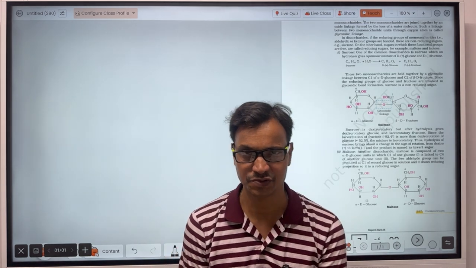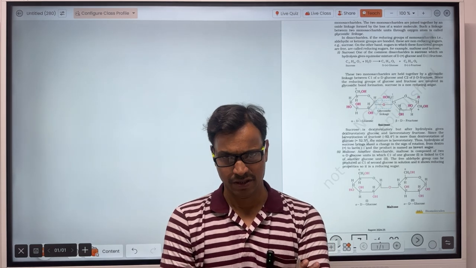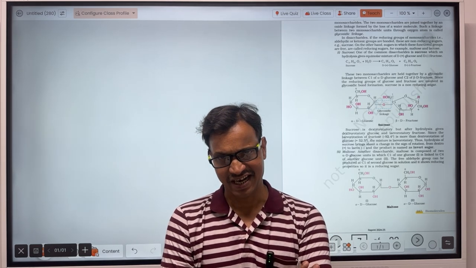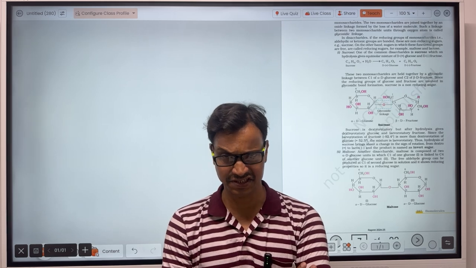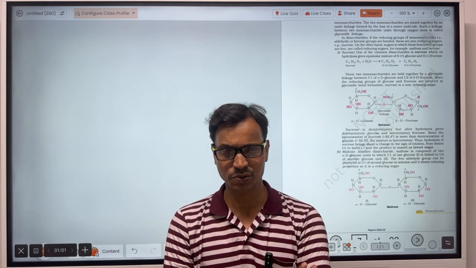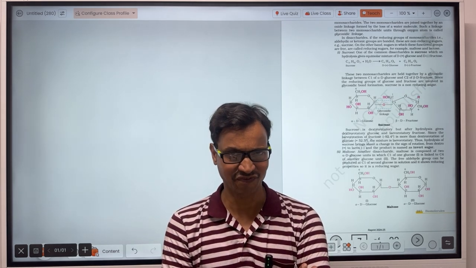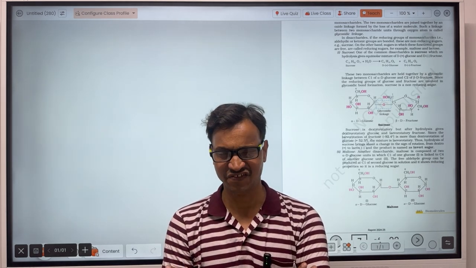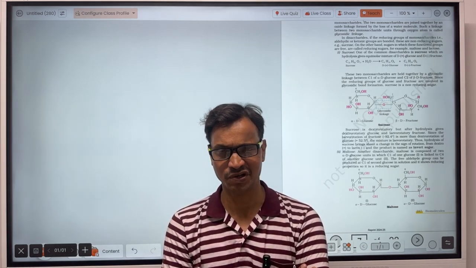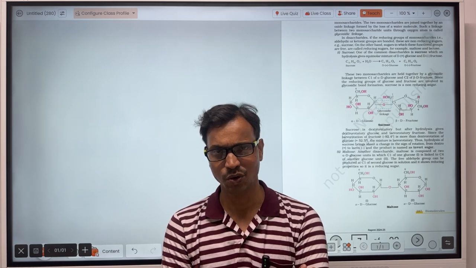Keep in mind, in sucrose, the alpha-D glucose and the beta-D fructose are bonded through 1,2-glycosidic bonding, while in maltose, the alpha-D glucose units are bonded through 1,4-glycosidic bonding.